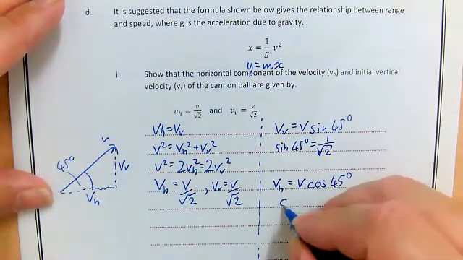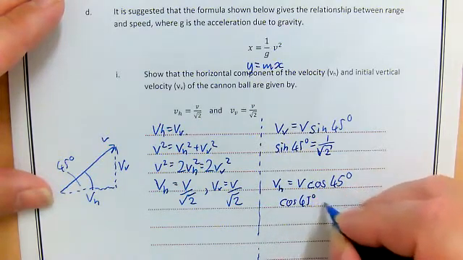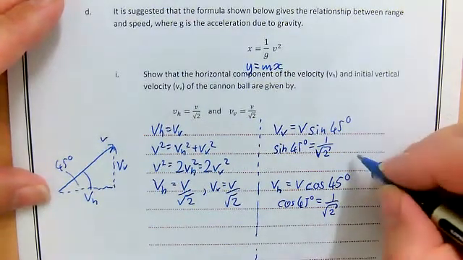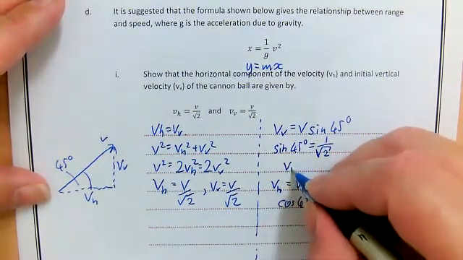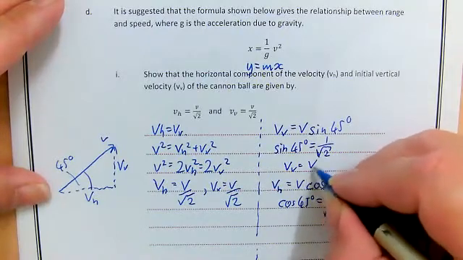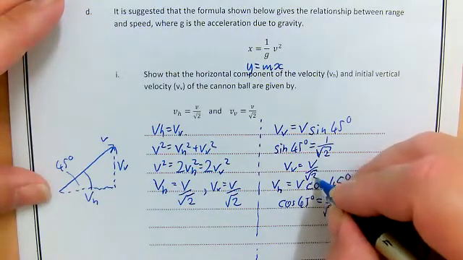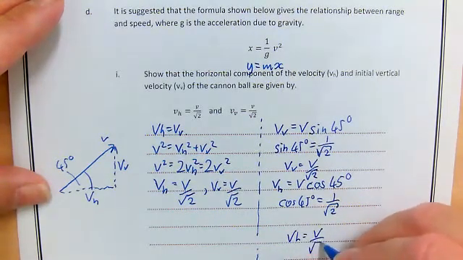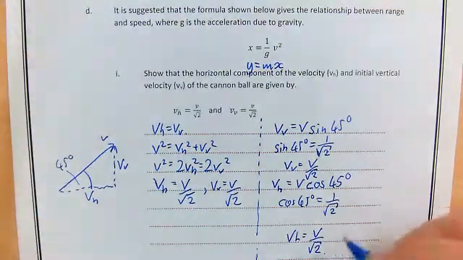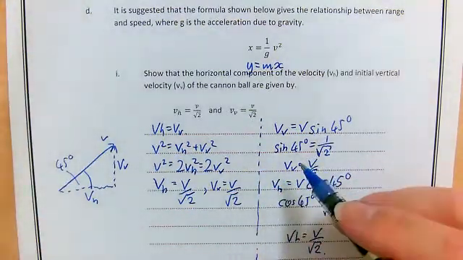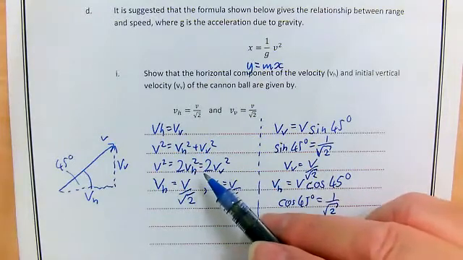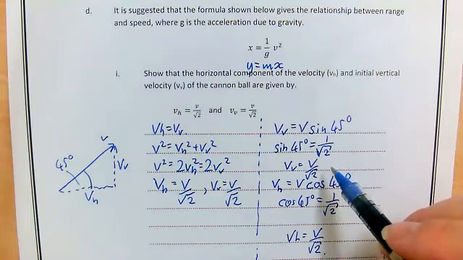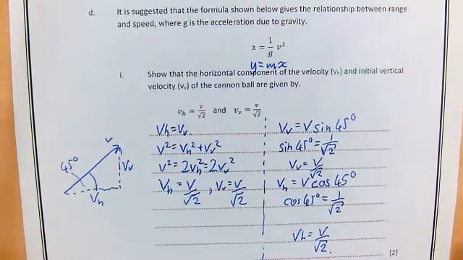Same with the cosine. The cosine of 45 degrees is 1 over the square root of 2. So we end up with vv equals v over square root of 2. vh is equal to v over the square root of 2. So what we've got there are two different methods of doing the same thing. It depends whether you use Pythagoras theorem or whether you use trigonometry, sines and cosines. Okay, so that's how you do that.